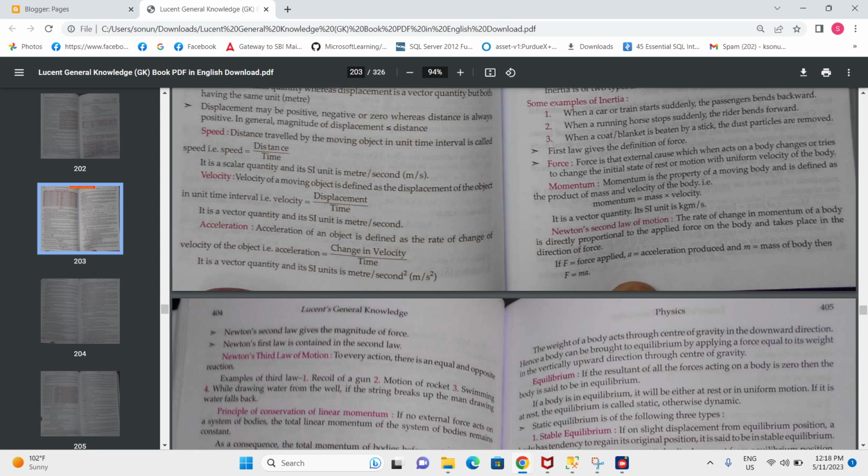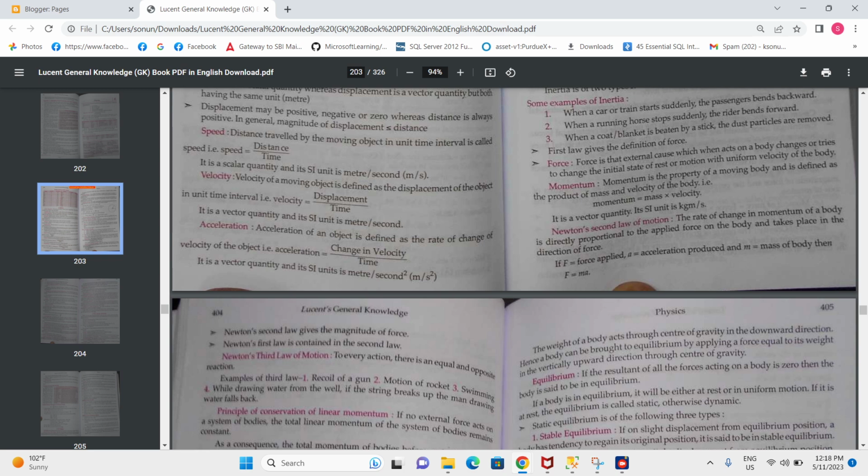So the rate of change of momentum means mv2 minus mv1, and to get the rate of change we have to divide by time. So (mv2 minus mv1) divided by time gives us the formula F is equal to ma.